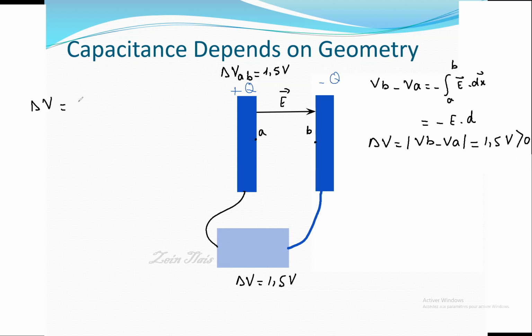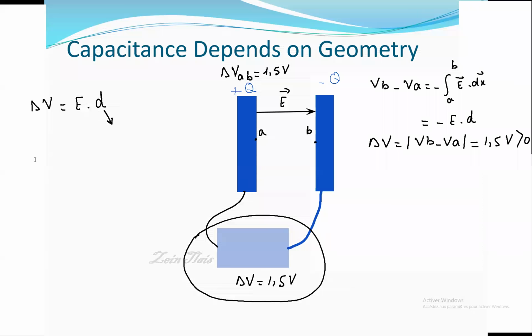Delta V equals E times D. The absolute value of VB minus VA equals minus ED, so the absolute value equals ED. Now we decreased the distance between the plates. Delta V is constant. Why? Because the plates are connected to a constant value.